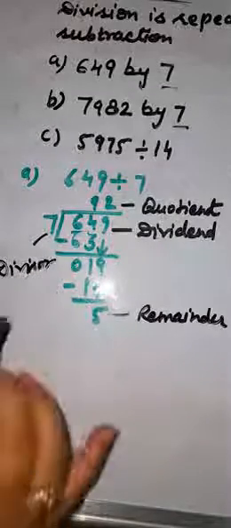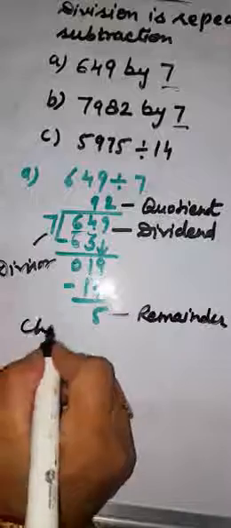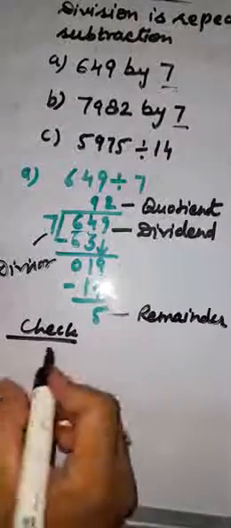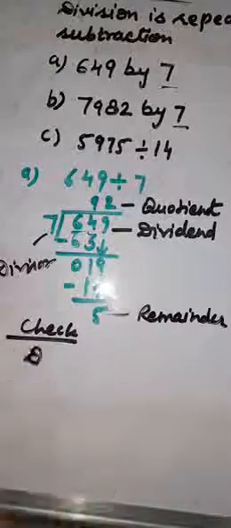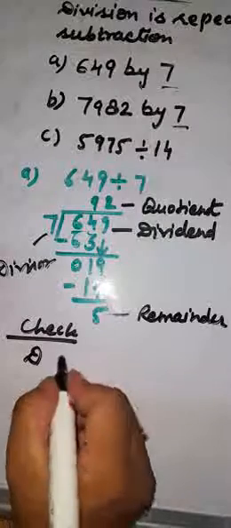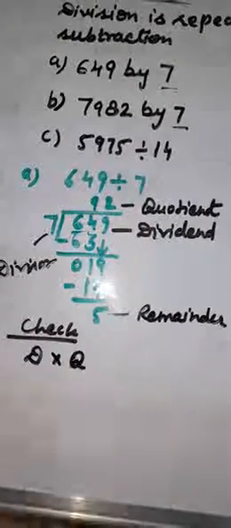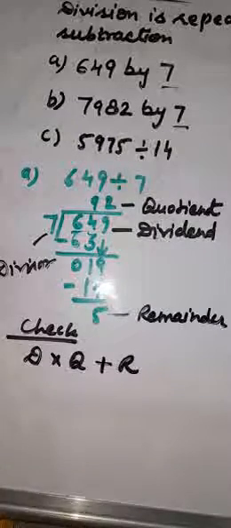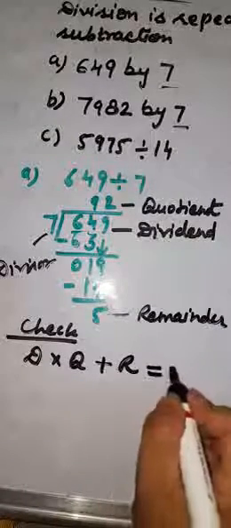Okay children, let's check our answer. Is it right or wrong? So divisor, we can write it in short form. This is D, multiply by quotient, this is Q, plus remainder, and it should be equal to the dividend.